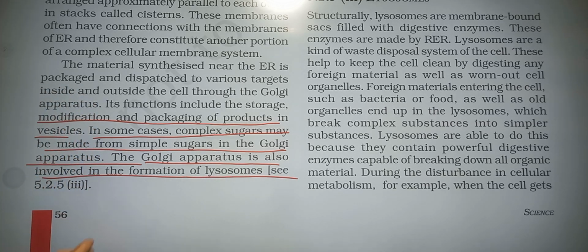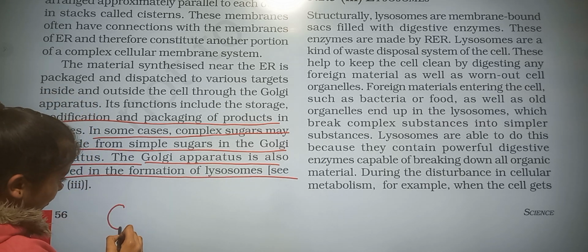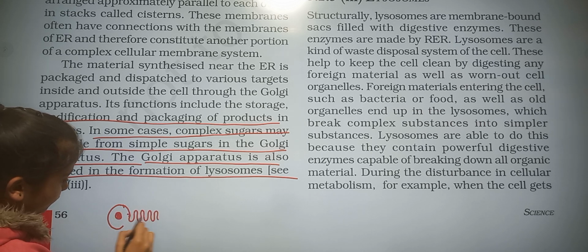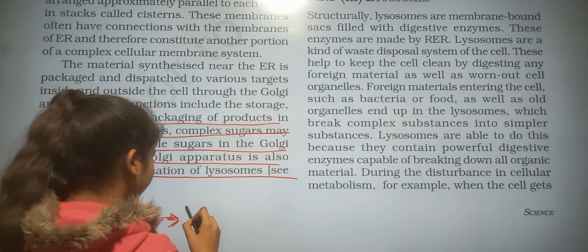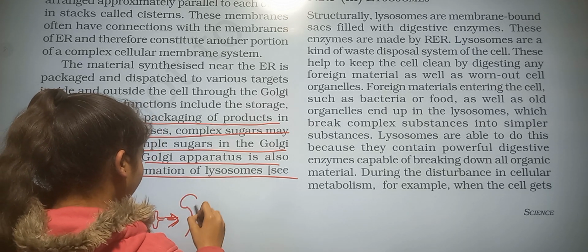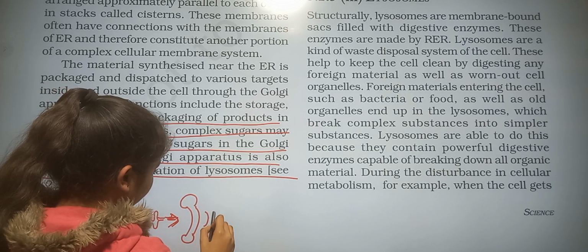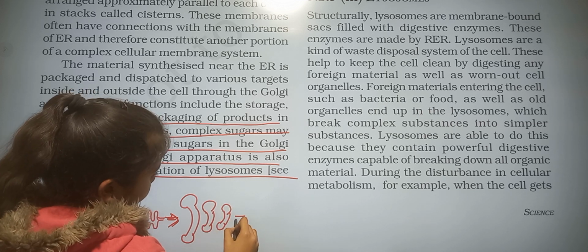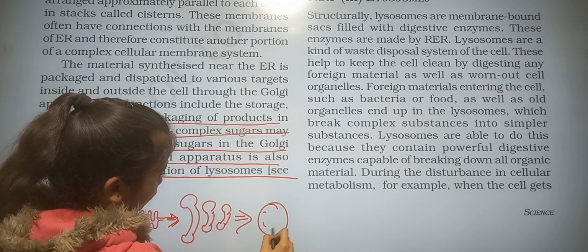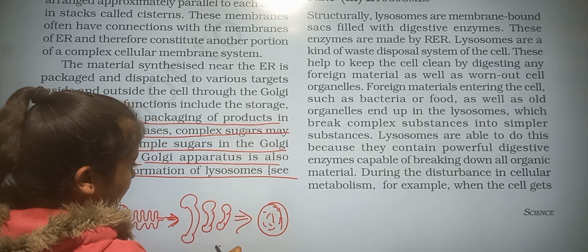See here, this is a nucleus. This one is the nucleolus, and with the help of the nucleus outer membrane, the ER is formed. And then with the help of this ER, this one is the Golgi apparatus, and now the lysosome.